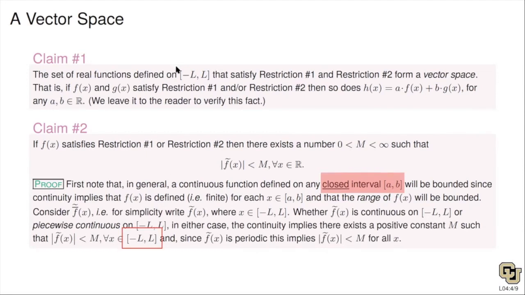But because it's periodic, it just repeats itself. Periodic just means the function looks the same every 2L to the left and right, you'll just get the same picture. So the periodic extension of a bounded function will also be bounded and will have the same bound. And this completely is a result of the fact that we've forced the function to be continuous.